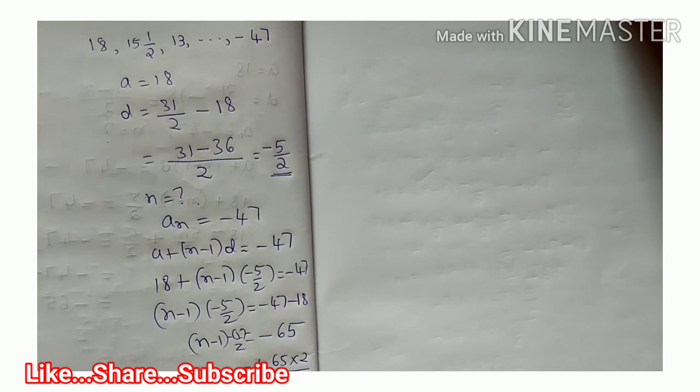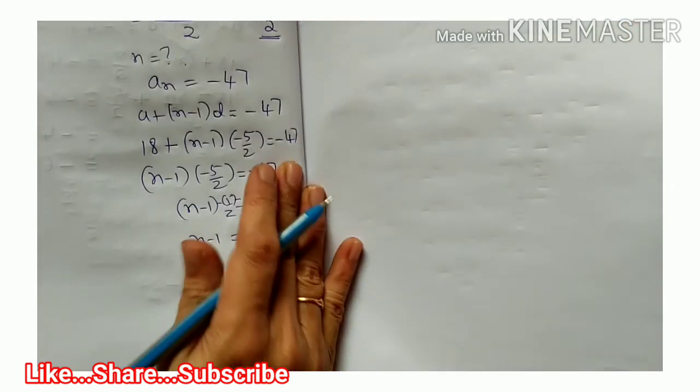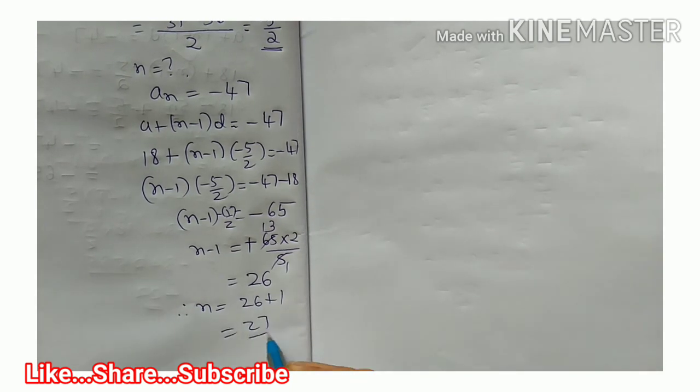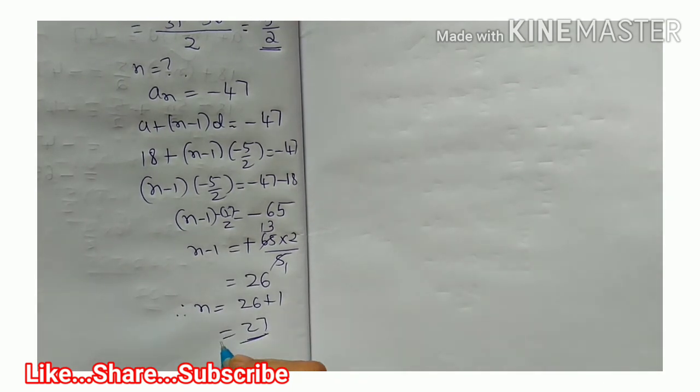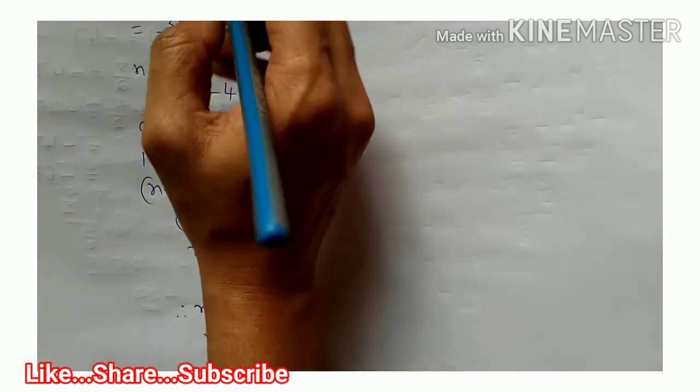Minus minus here is plus. Take minus 5 by 2 to the right hand side as 2 by 5. 5 ones are 5, 13s are 13, 13 2s are 26. Therefore, n is equal to 26 plus 1, 27. Therefore, there are 27 terms in the given AP.